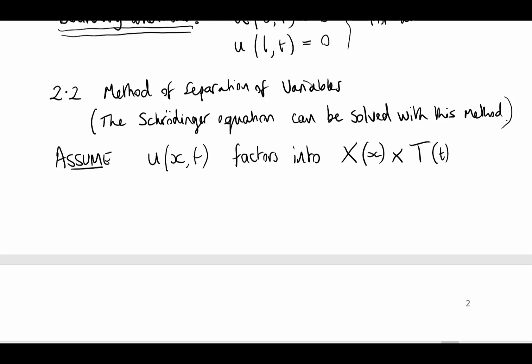And how do we write that mathematically? So u of x and t is equal to, we're going to make this assumption, X of x, T of t.